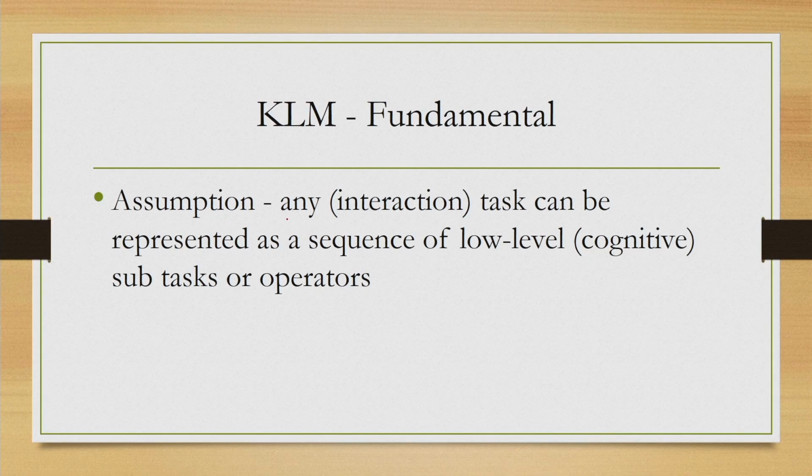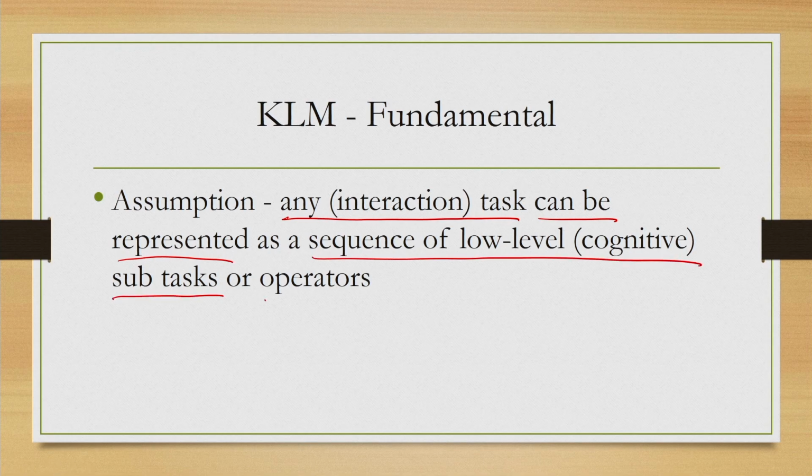The fundamental assumption in KLM is that an interaction task can be represented as a sequence of low level cognitive subtasks or operators. When we talk of an interaction task, if you may recollect our earlier discussion, the task involves both the computer and the human user.